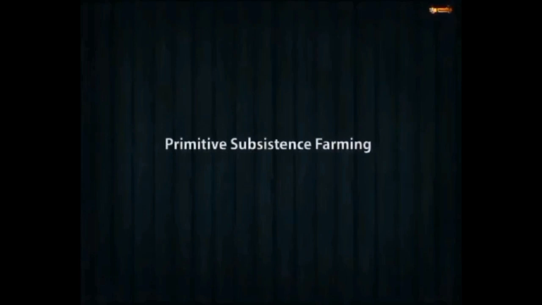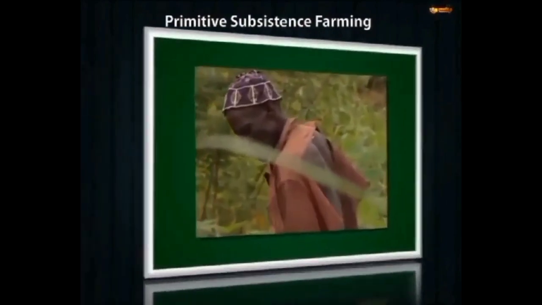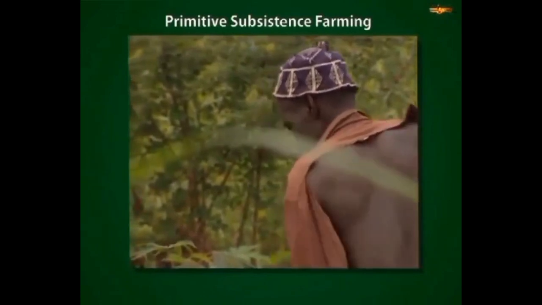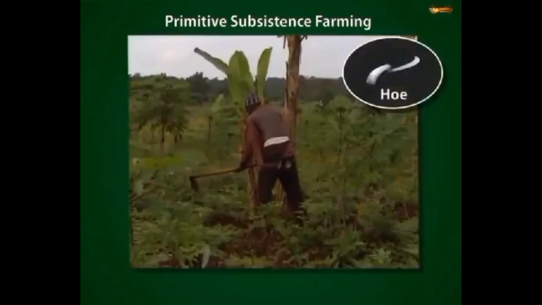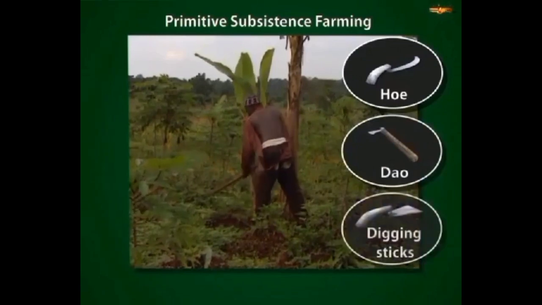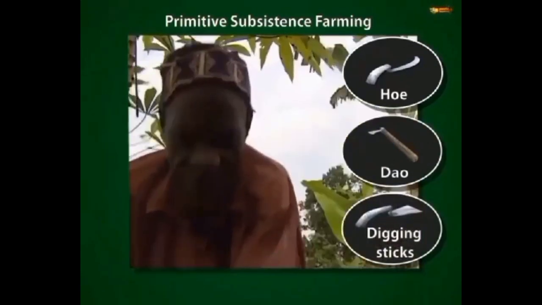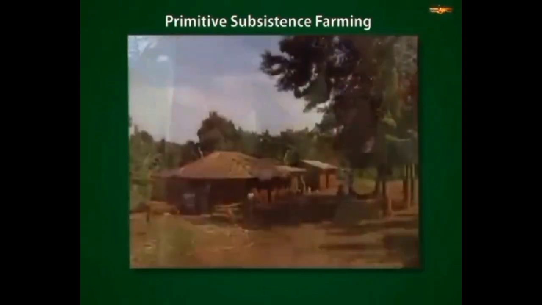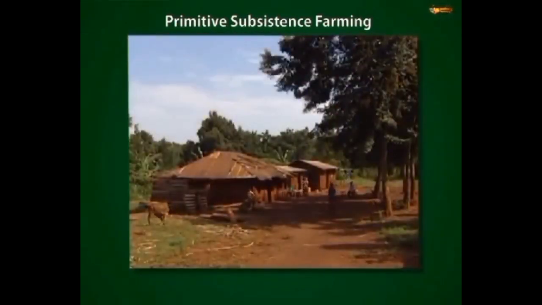Primitive subsistence farming. Primitive subsistence agriculture is practiced on small patches of land with the help of primitive tools like hoe, dhow, and digging sticks, and family or community labor.